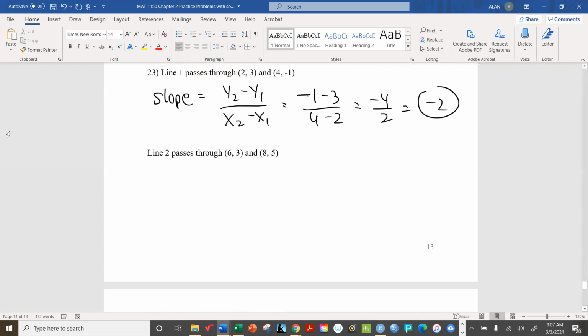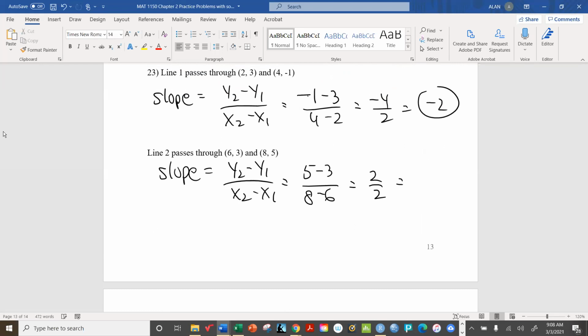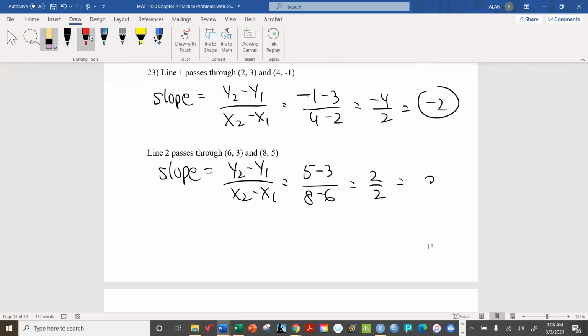So we have slope equals 5 minus 3 over 8 minus 6. Oh, this is 1. Okay, well, looks like we're back into the neither territory.